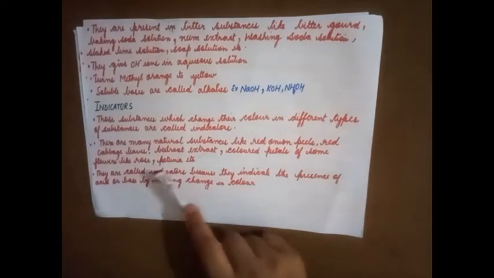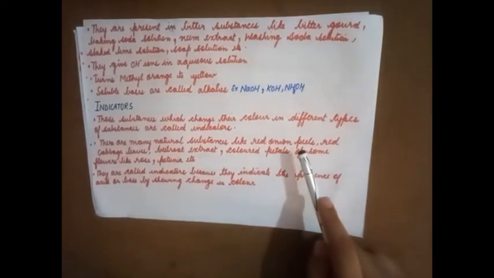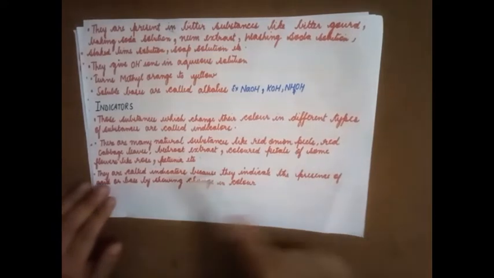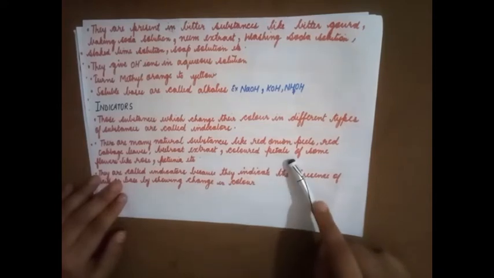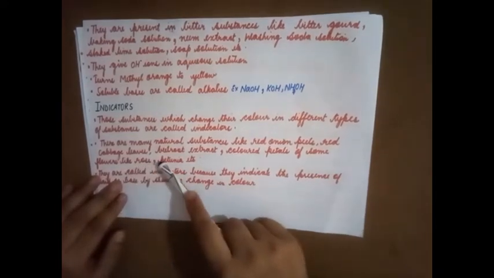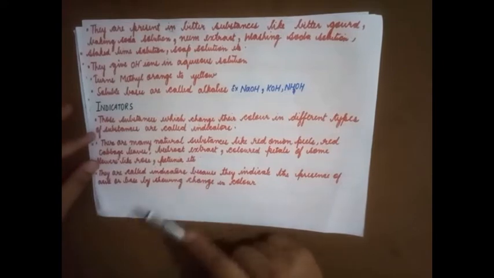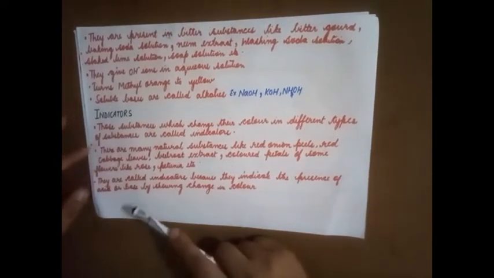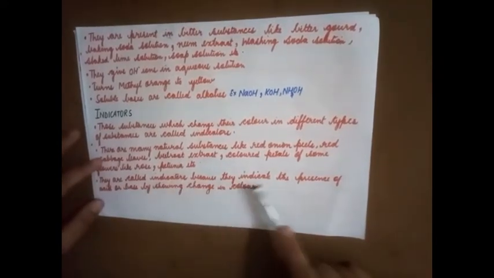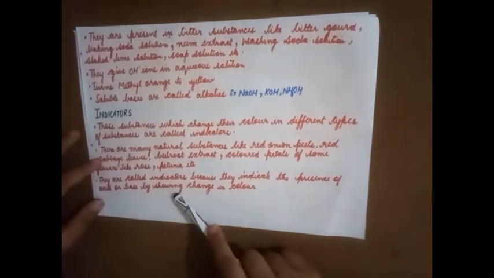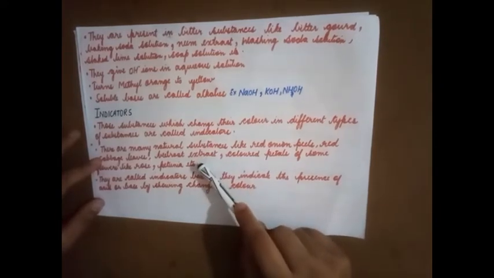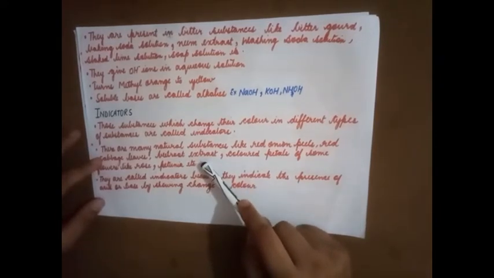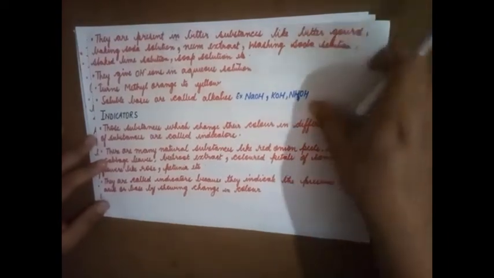Now, there are many natural substances like red onion peel, red cabbage leaves, beetroot extract, colored petals of some flowers like rose, petunia. These are all natural indicators. They are called indicators because they indicate the presence of acid or base by showing change in color. Why do we categorize them as indicator? Because there is a change in color in the presence of an acid or a base.